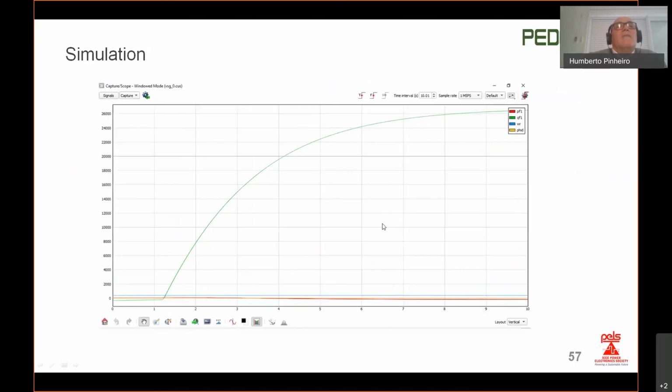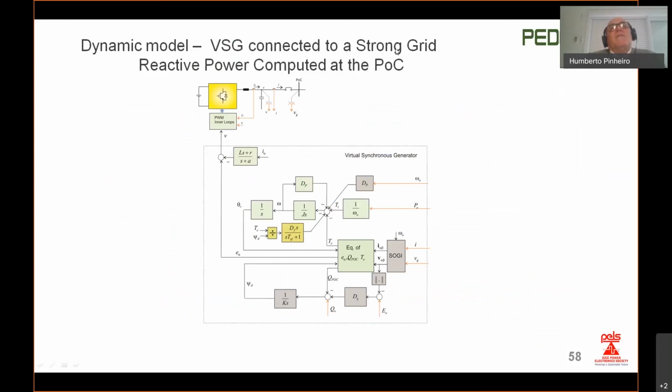And then here I showed the transient response for the change in the set point of reactive power. So we still want to have a different approach over here in the sense that we are computing the reactive power at the POC instead of computing the reactive power at the gap of the virtual synchronous machine.